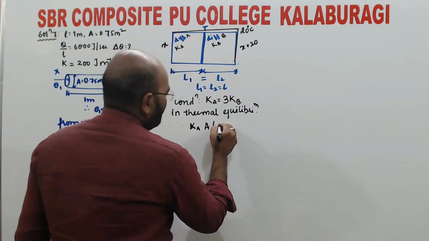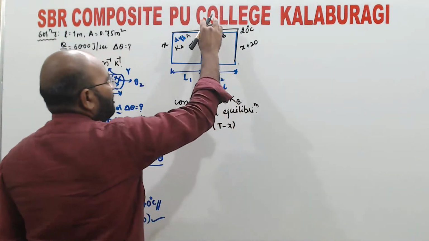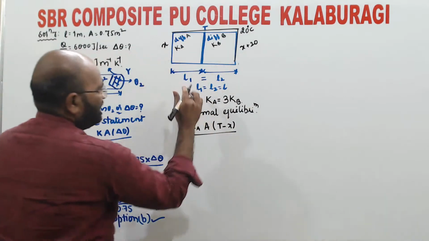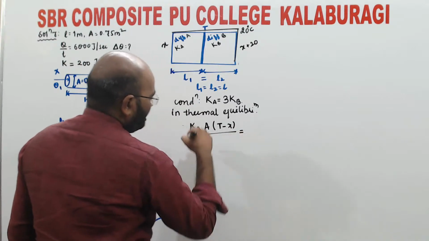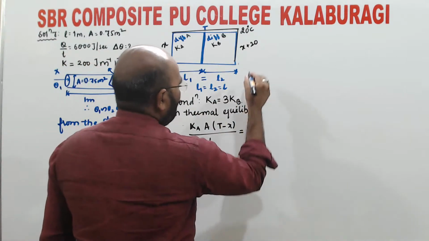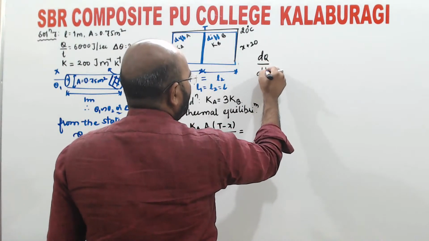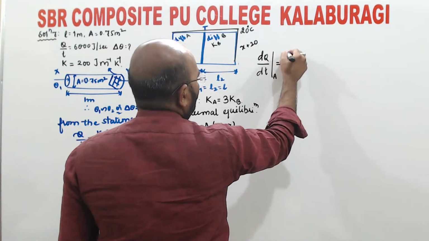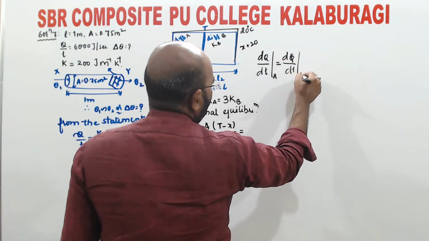I will write this as capital T minus X, final minus initial, divided by the corresponding thickness L. Then go for the second one, dQ divided by dt for B.